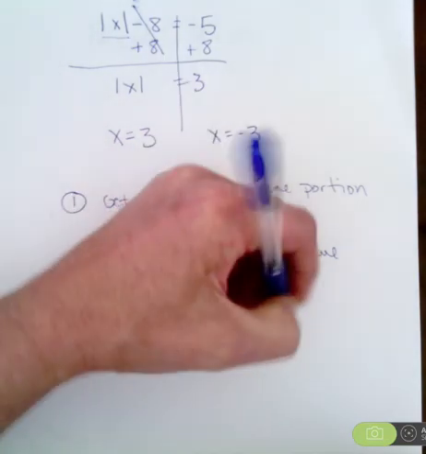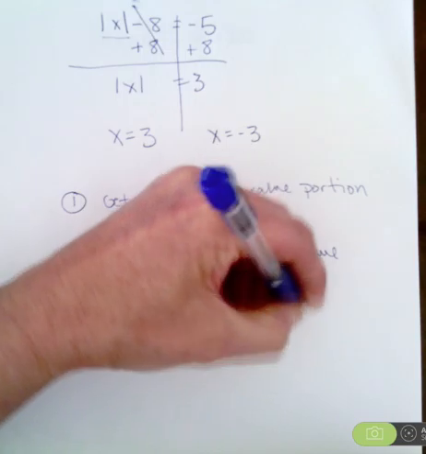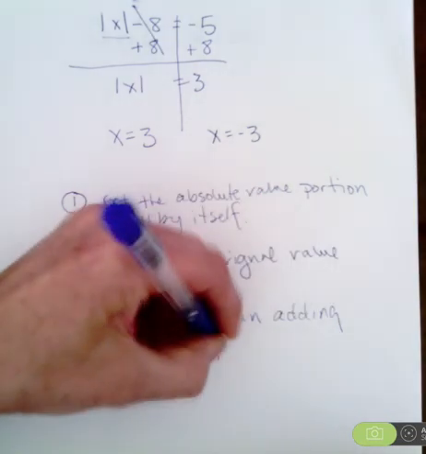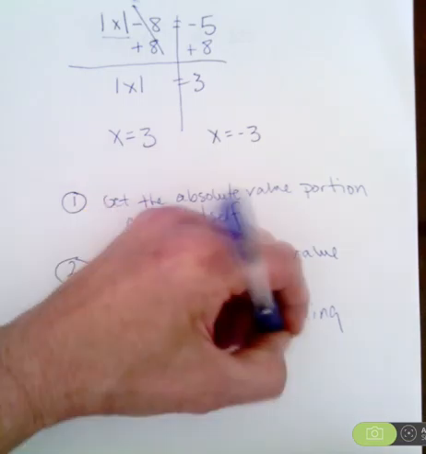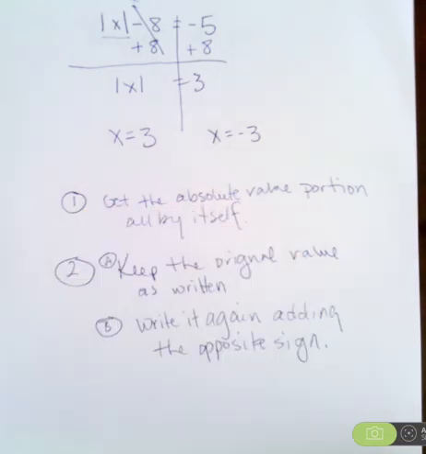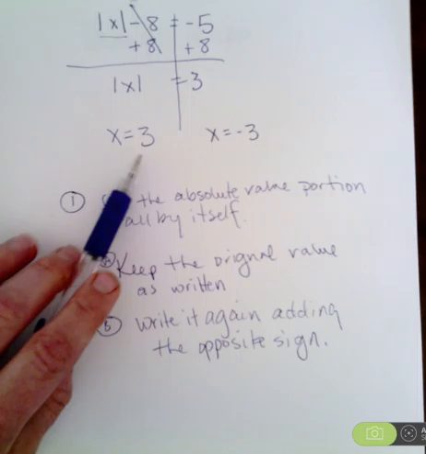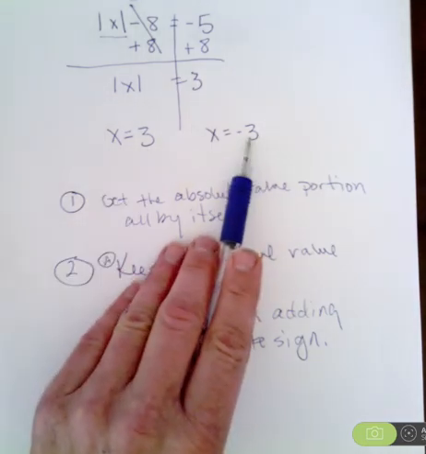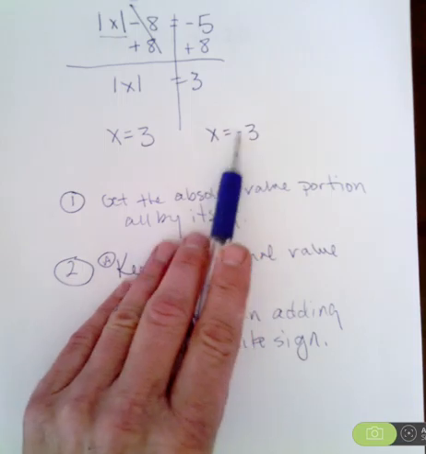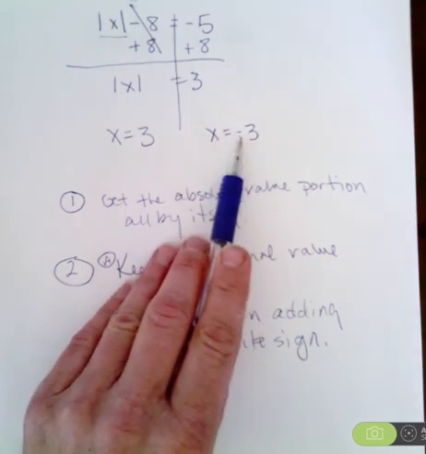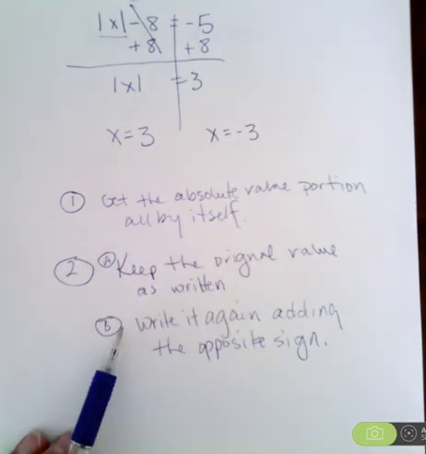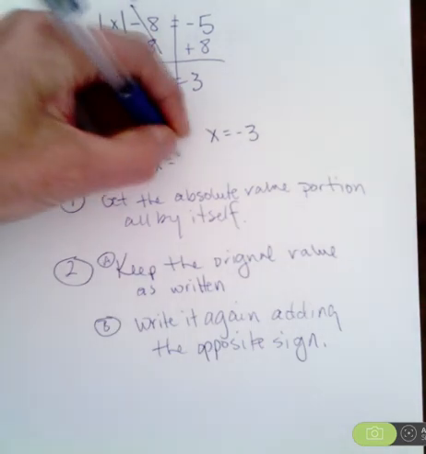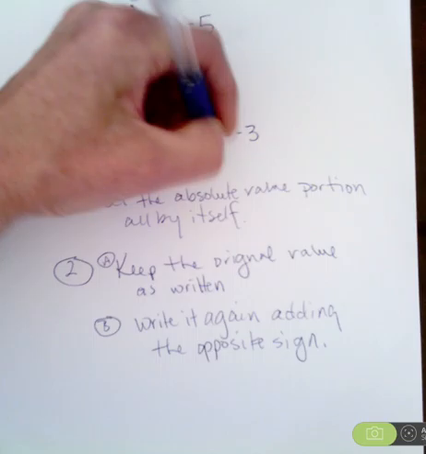So we write it again, adding the opposite sign. In this example, we have a positive 3, so I am going to add the opposite, which is a negative. So the two possible solutions for this particular problem is x is equal to 3 or negative 3.